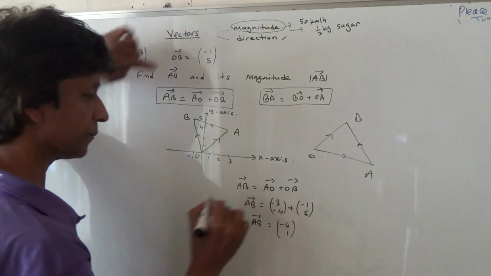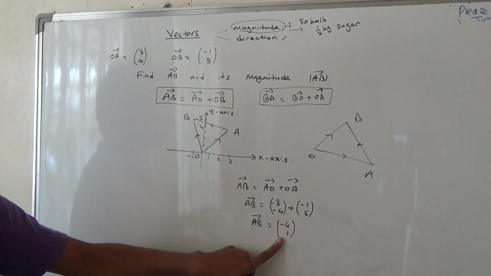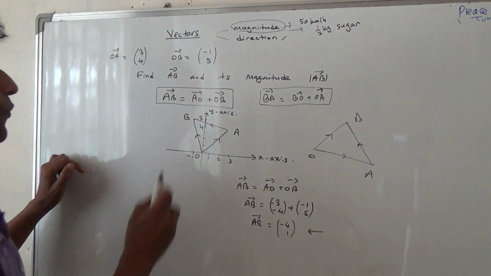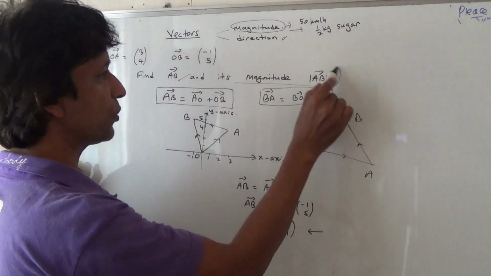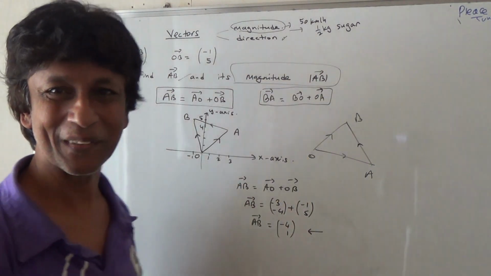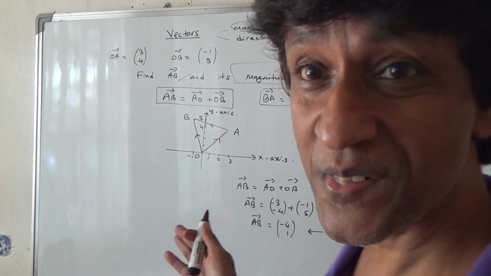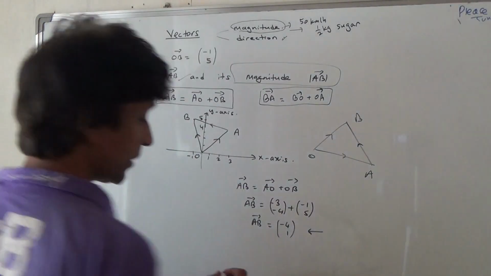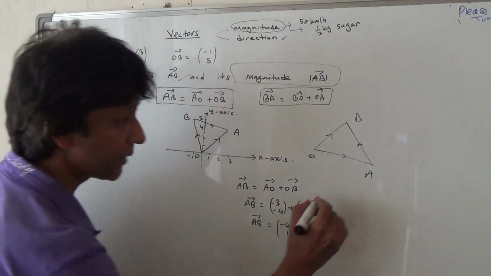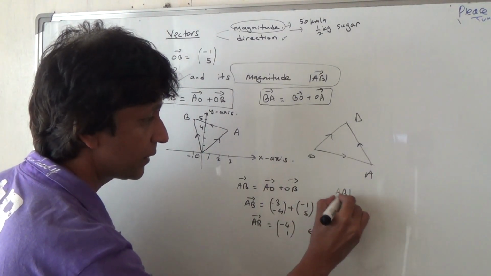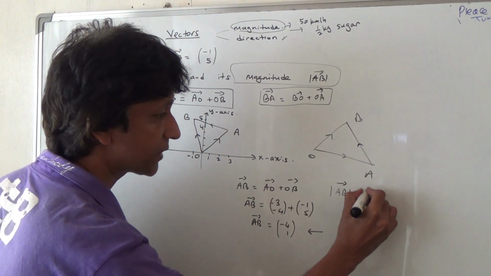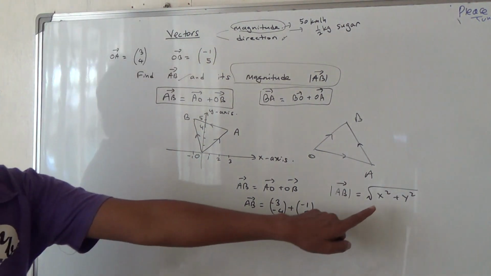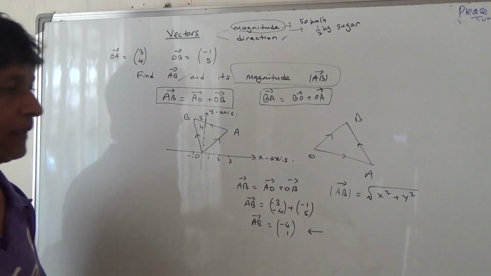Once you've got your vector AB, this is your first answer. Now you need to find its magnitude. How can you find the magnitude? Again, we use Pythagoras theorem. The magnitude of vector AB is going to be equal to the square root of its x coordinate squared plus its y coordinate squared.